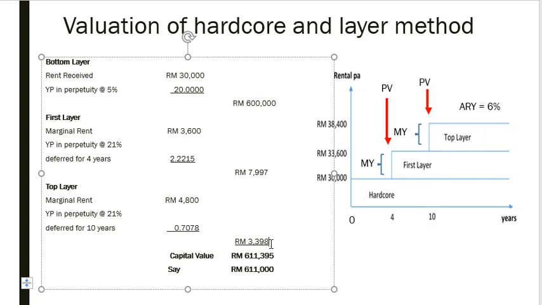So the bottom layer plus the first layer plus the top layer, and then you will get the capital value for this freehold interest, which is 611,395. Remember, you need to round it to the nearest thousand, so that would be 611,000.